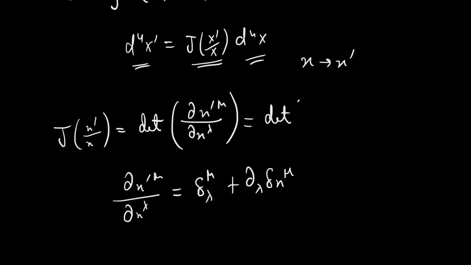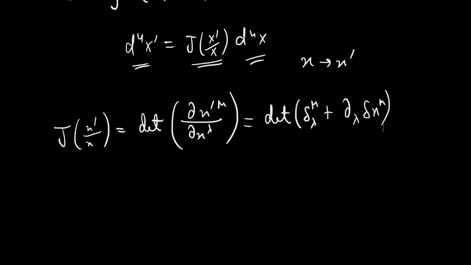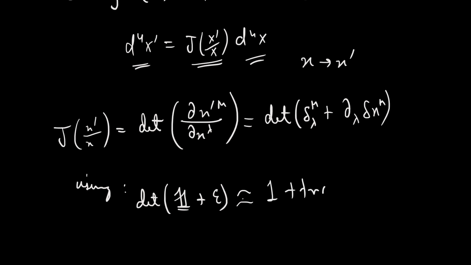So computing the determinant of delta mu lambda plus del lambda delta x mu, we get it by using a formula: the determinant of the identity matrix plus some small matrix epsilon is approximately equal to 1 plus the trace of this small matrix epsilon.